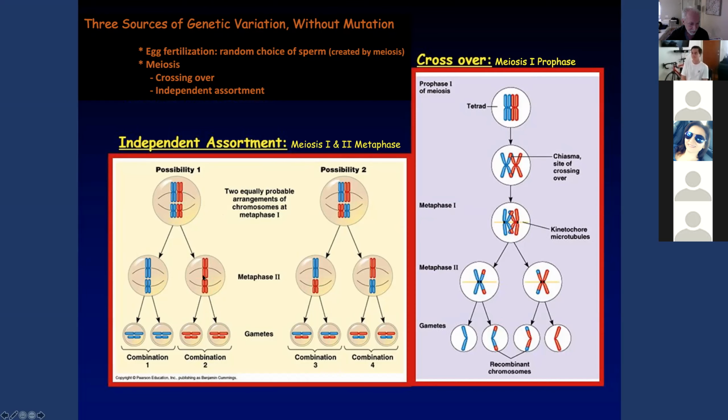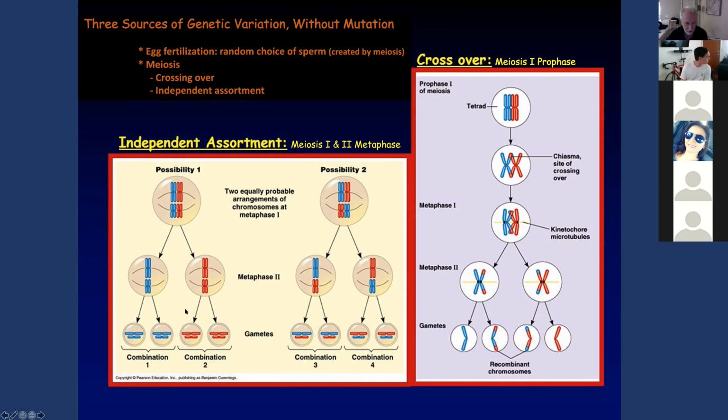When meiosis 1 occurs, you get this configuration, and then meiosis 2 occurs, so that with this possibility, you get 2 combinations. You get either 2 gametes with entirely blue chromosomes, or 2 gametes with entirely red chromosomes.